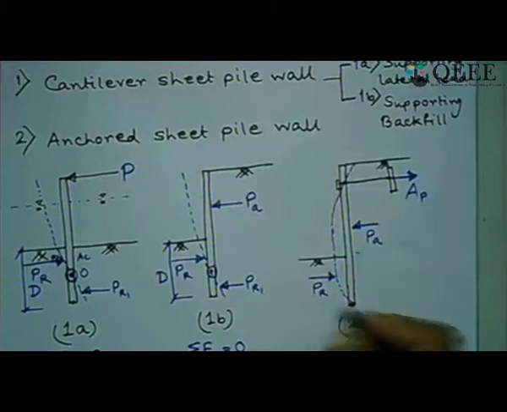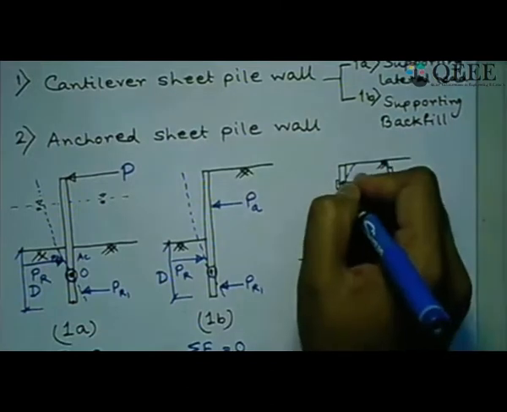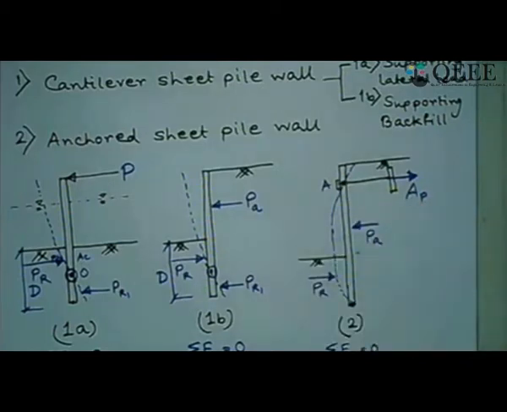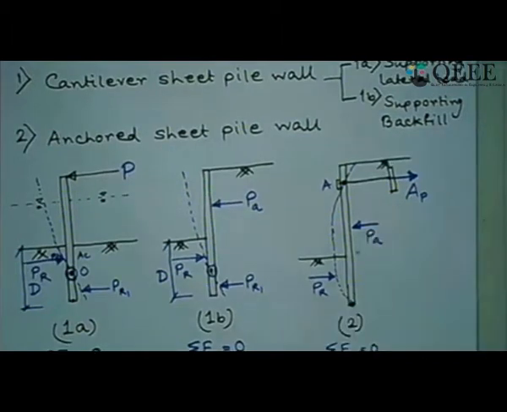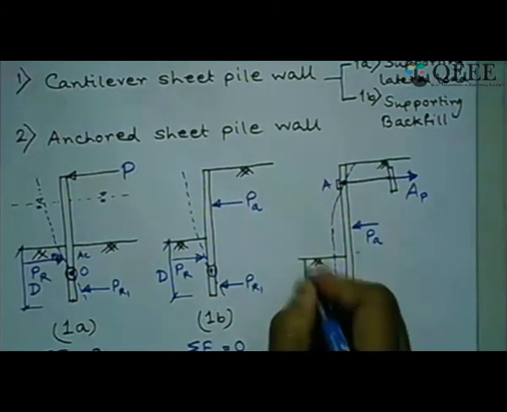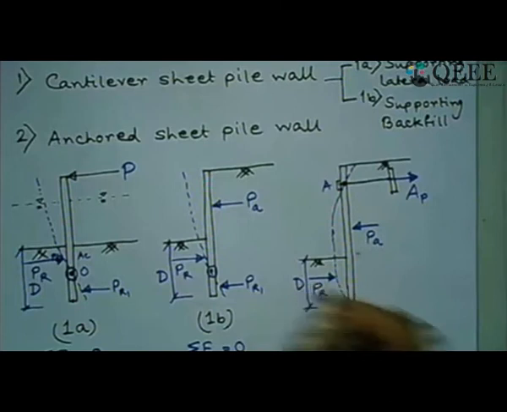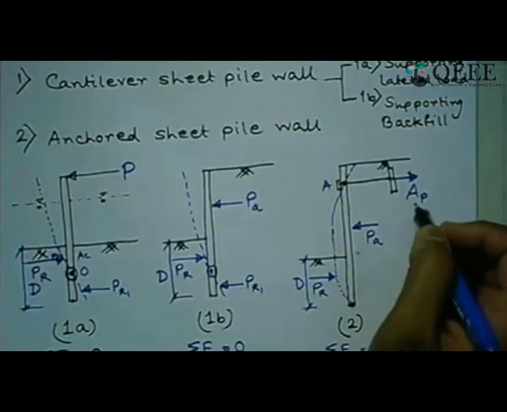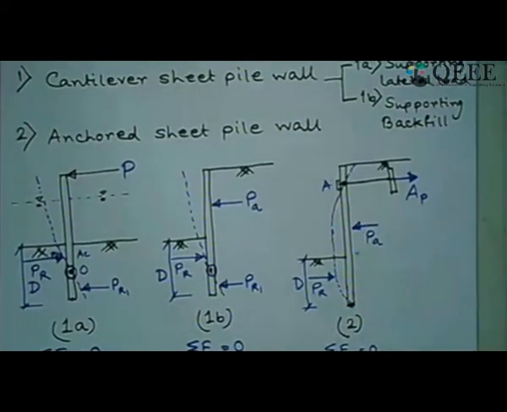So again here we have to maintain that sum of FH should be 0 and sum of moments, let us say about this point, the anchor location point A, sum of moments about point A should be 0. By this we can solve for the anchored sheet pile wall how much depth of embedment is required, as well as we can find out how much anchor load needs to be provided for getting the stability.